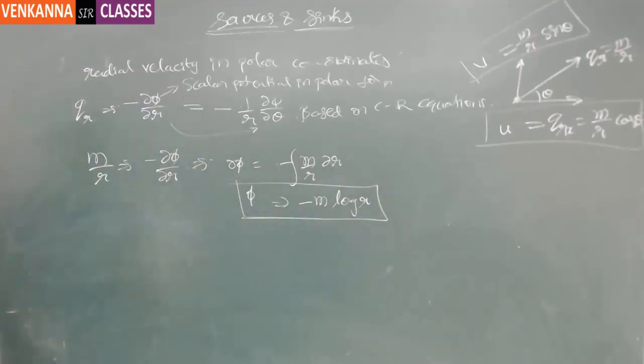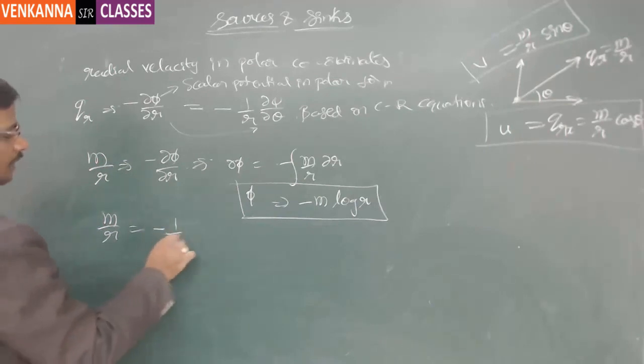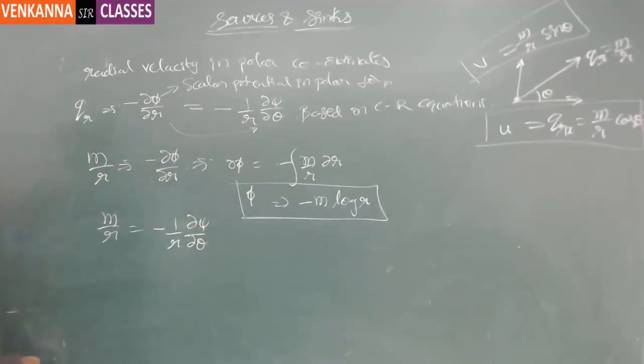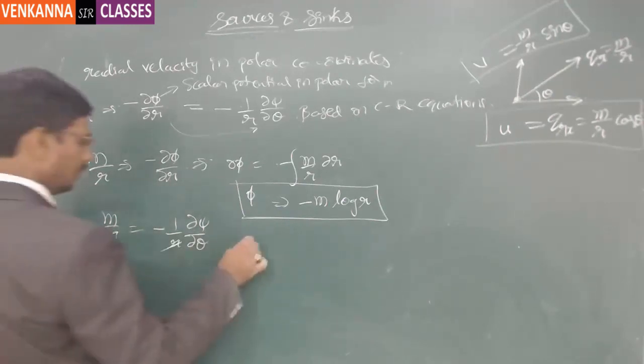And similarly, if you equate this, minus m by r is equal to minus 1 by r into dou psi by dou theta. So this r will cancel. Yeah, this is correct. So r will cancel.